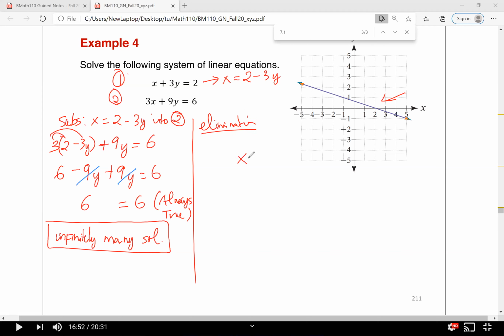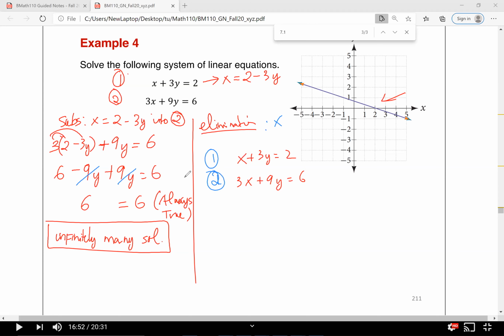So x plus 3y equal to 2, and the other one is 3x plus 9y equal to 6. Okay, firstly, which variable do I want to eliminate? I would like to eliminate the x. Okay, let's say x. And in order to do that, I need to make the two equations have the same coefficient. So what does that mean?